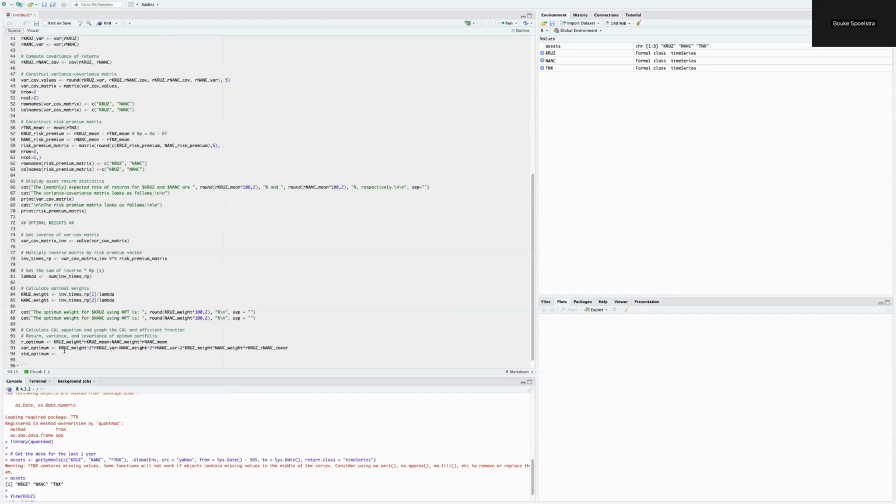So this variance formula would be what we talked about originally: the weight of the first one squared times the variance of the first one plus the weight of the second one squared times the variance of the second one plus 2 times weight of the first one, weight of the second one, covariance.